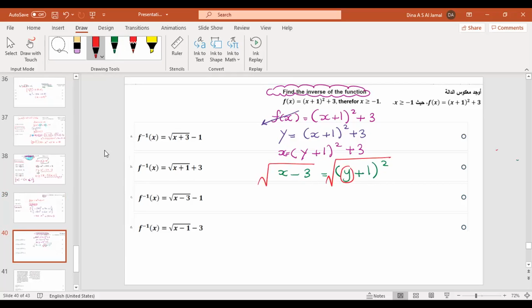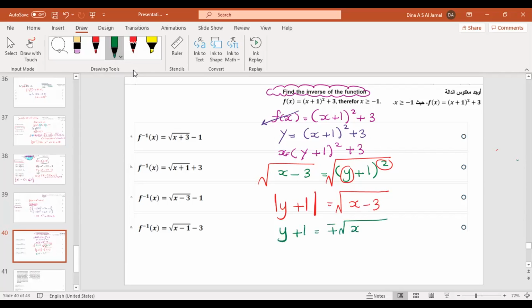And whenever you take the square root of a squared value, that means you should put the absolute value. And with putting this absolute value, you will be having x minus 3. Good. Now, whenever you are having absolute value, that means your solution could be plus and minus this square root. Good.